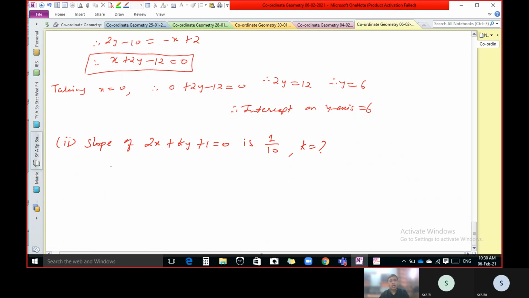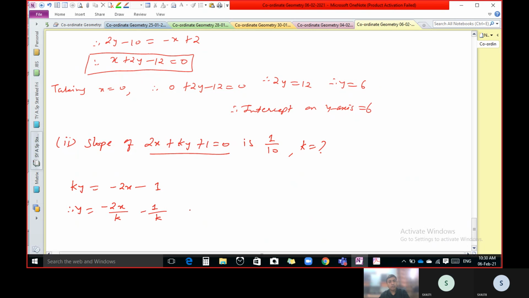First of all, how to find the slope? Take ky equal to minus 2x minus 1, and convert this in terms of y. So what we have to do? Divide by k.